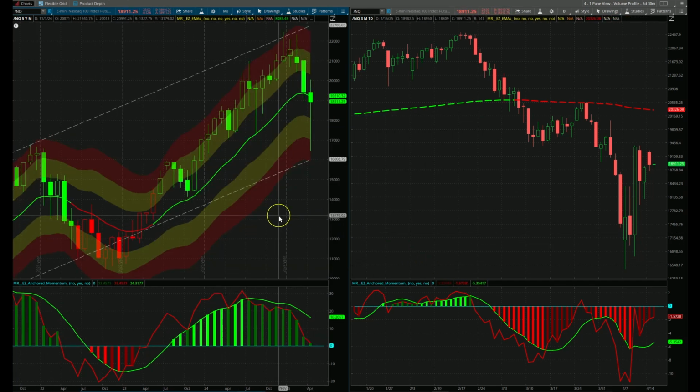All right. Now what do we have? The red-green line here is the mean. We got 1 standard deviation, 2 standard deviations, 3 standard deviations.